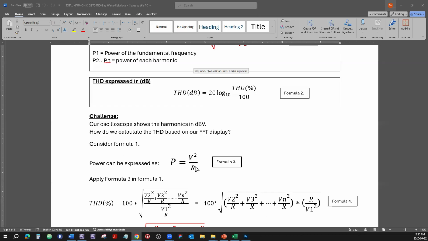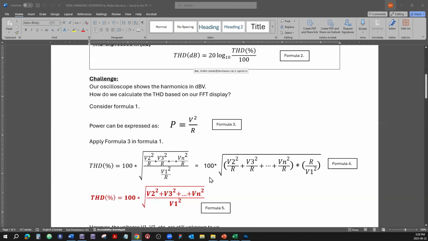So V squared over R, that's the formula for power when we are calculating either DC power or RMS power. We can apply the same formula when we get the RMS values. We call this formula 3.